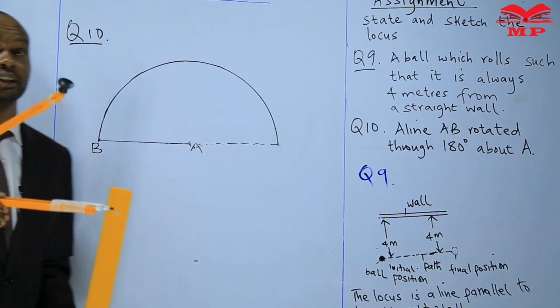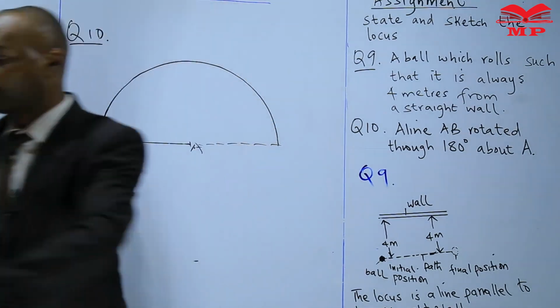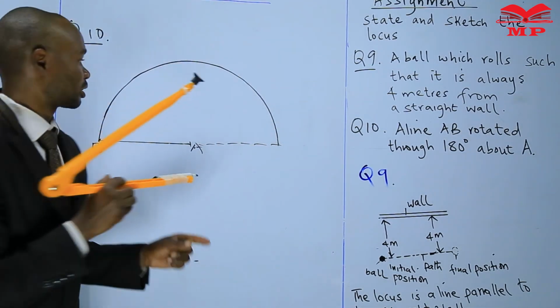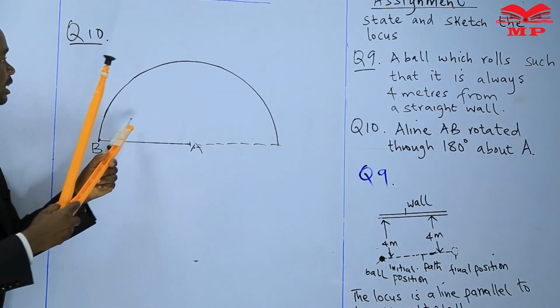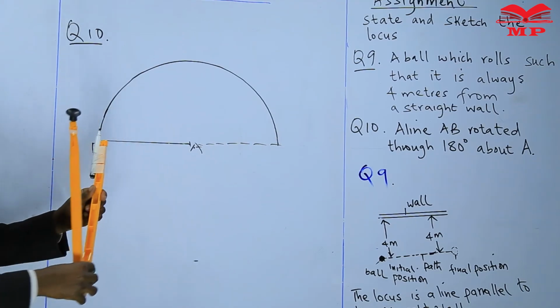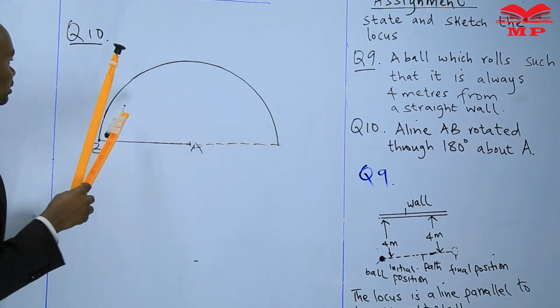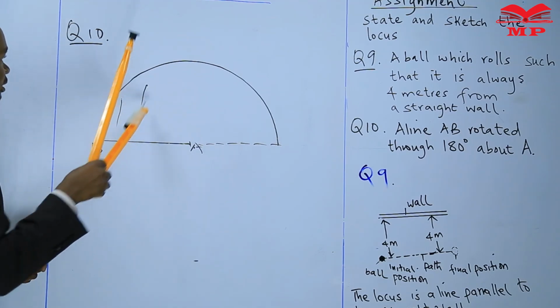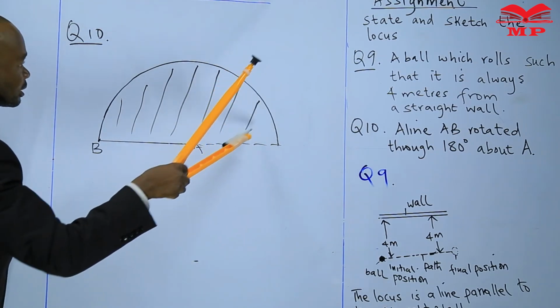What you should notice is that every point on that line is moving. It is not a single point as in the other question. Every point on this line will be moving, so it will sweep a region.